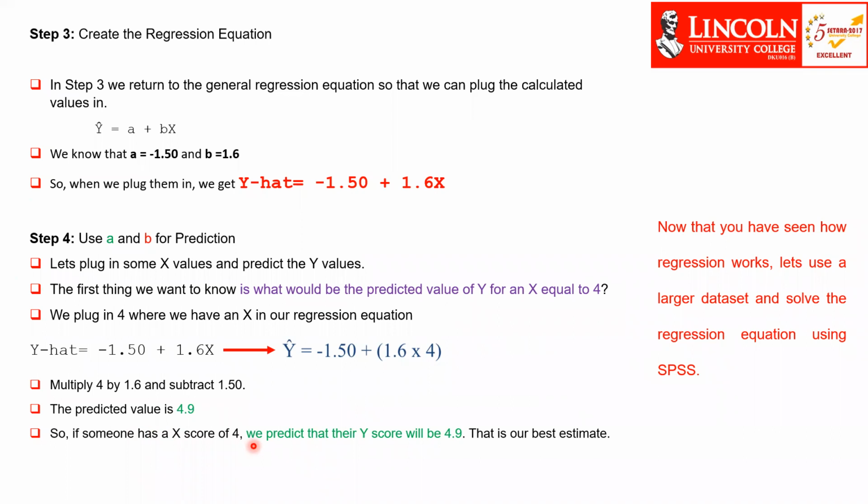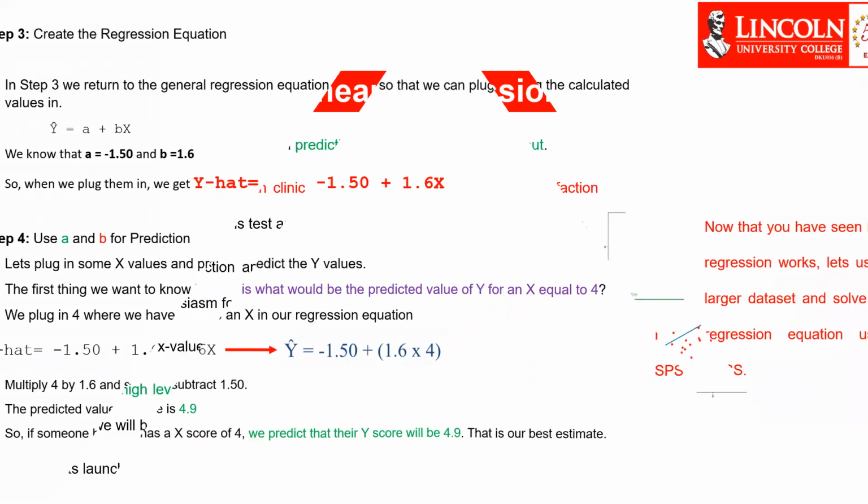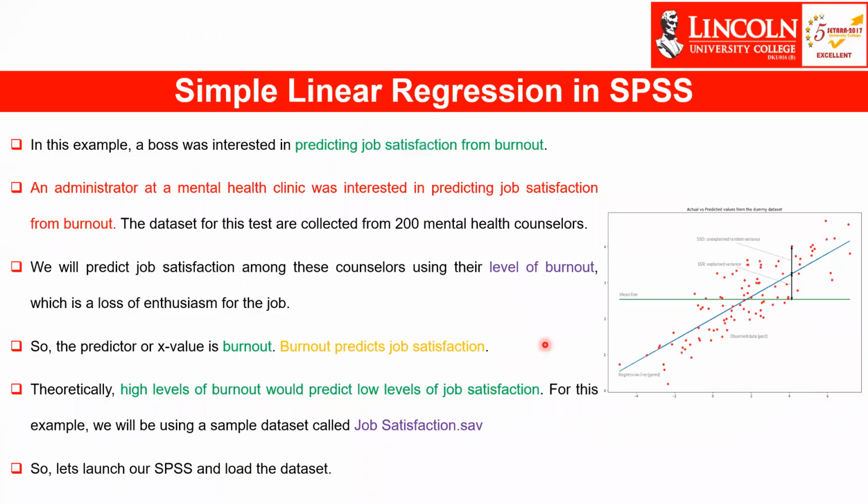Now that you have seen how regression works, let's use a larger data set and solve the regression equation using SPSS. In this example, an administrator at a mental health clinic was interested in predicting job satisfaction from burnout.